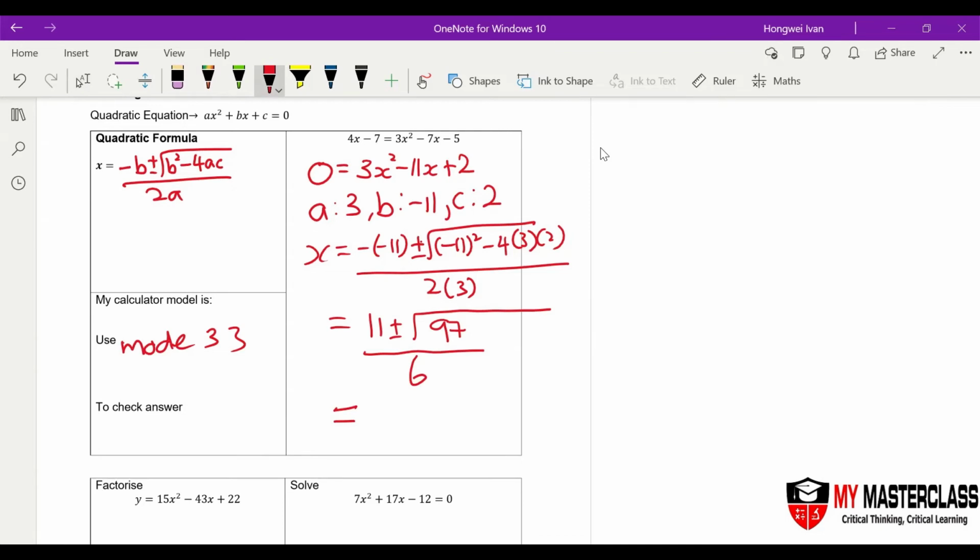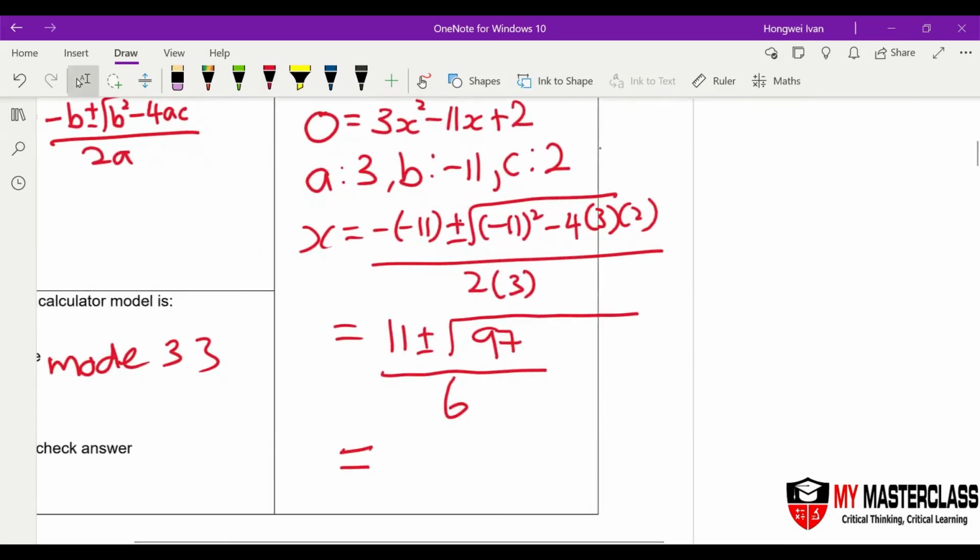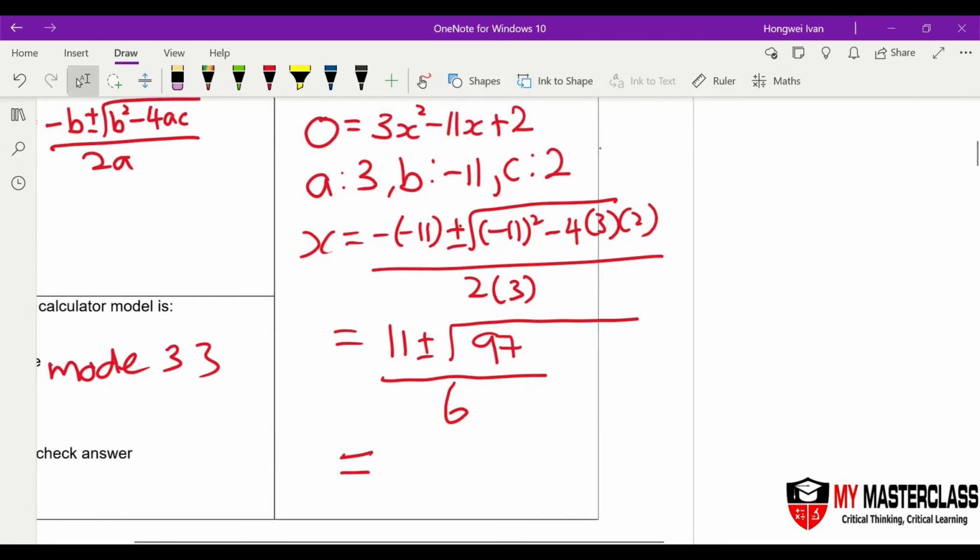Come, tell me the first answer. Kevin. Sarah, first answer. Do mode 33. Do quadratic solver. That means find out what is the answer for the quadratic equation.